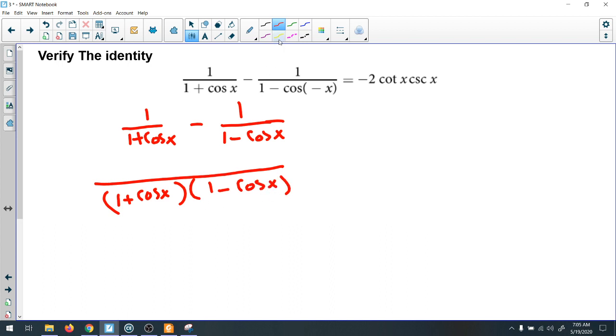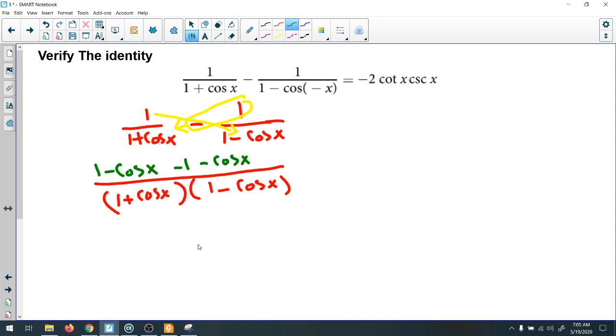As we learned before, we cross multiply: 1 times 1 minus cosine x, and negative 1 times 1 plus cosine x. So it will be 1 times 1 minus cosine is 1 minus cosine x. Then negative 1 times 1 plus cosine: negative 1 times 1 is negative 1, and negative 1 times cosine is negative cosine.